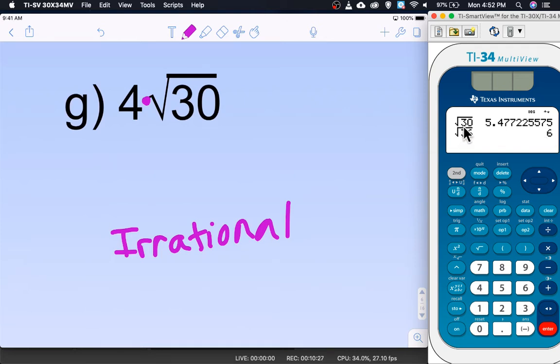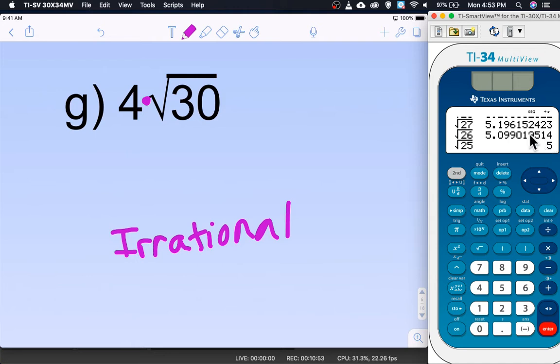If I take the square root of anything that is not a perfect square, say 29, that's irrational. Square root of 28 is irrational. Square root of 27 is irrational. Square root of 26 is irrational. Square root of 25 is a rational number.